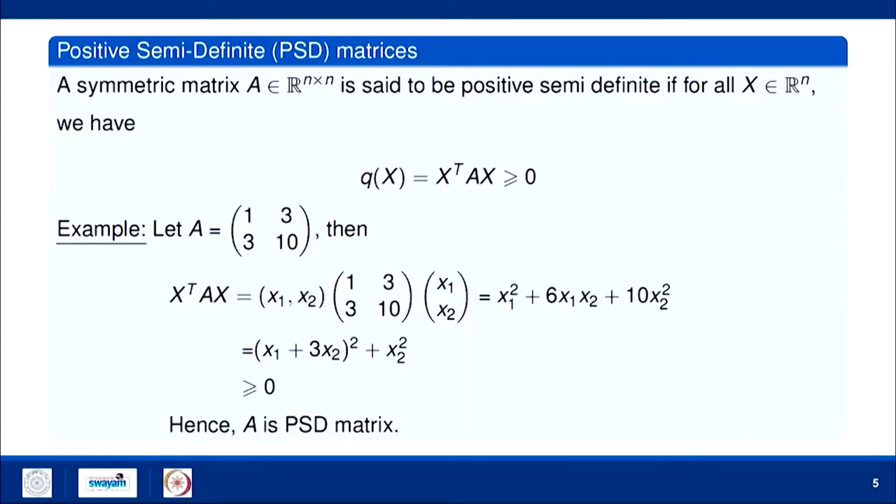Now we are coming to a very important definition, that is the definition of positive semi-definite matrices.